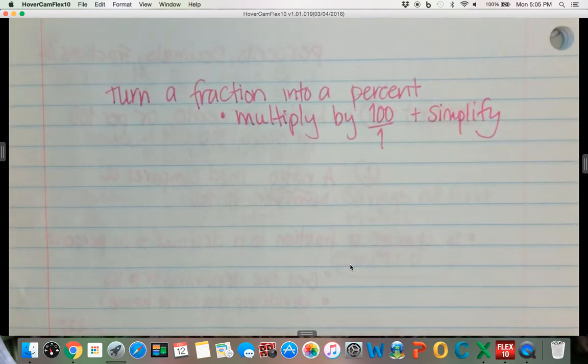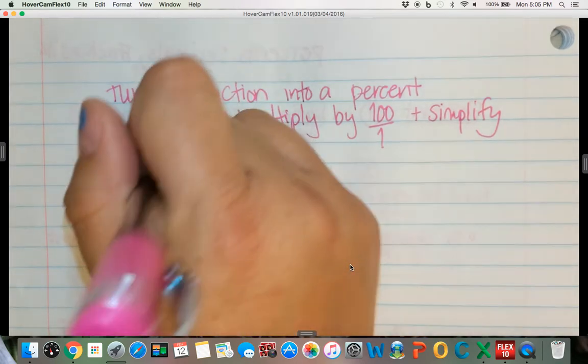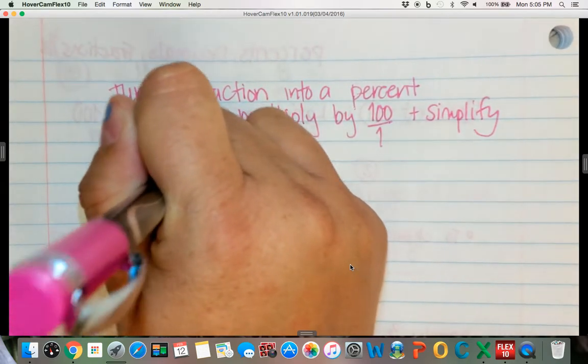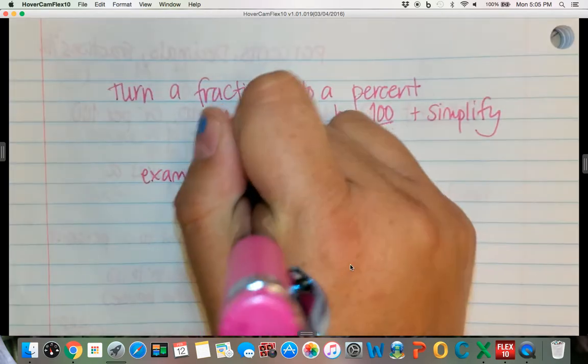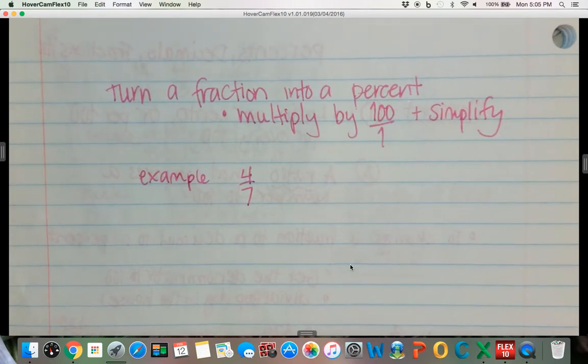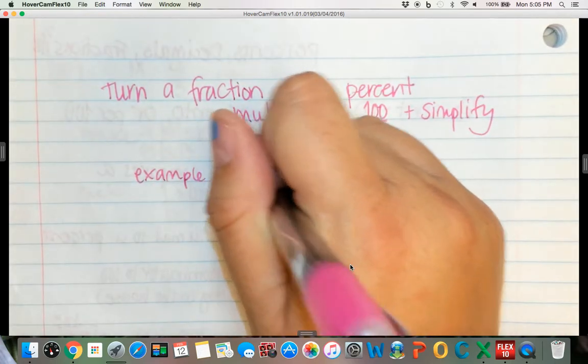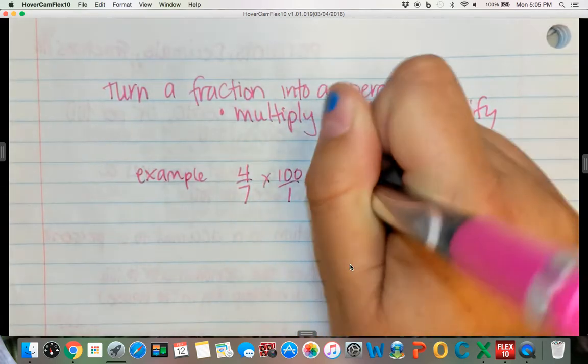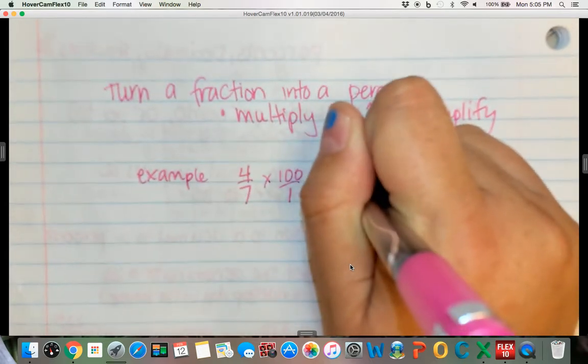All you have to do is multiply by 100 over 1 and simplify. So let's try 4 over 7 times 100 over 1 gives us 400 over 7.